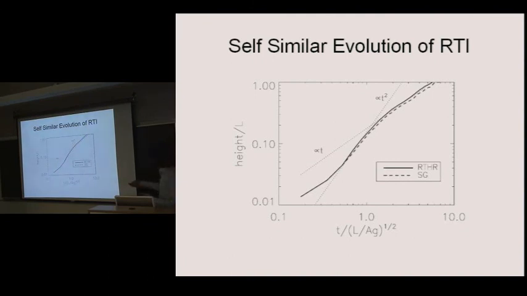Another thing is that when you're plotting on a log plot, you can get things that look a bit confusing depending on where the origin of time is. So that can shift the slope. In other codes, I think the height actually goes as t squared when you plot on a log plot.